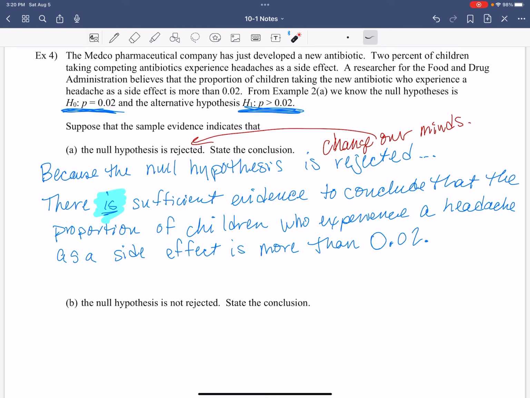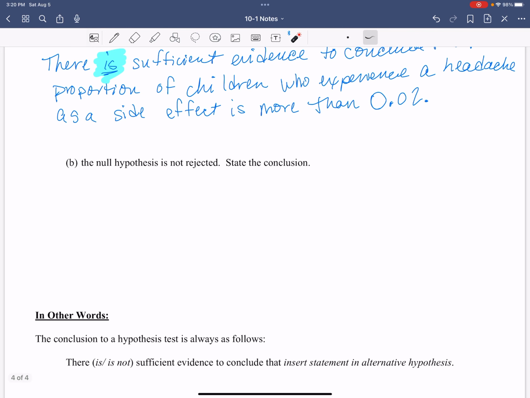Okay, see now where this reject and do not reject come in? By that same rationale, the null hypothesis is not rejected. State the conclusion. All right.